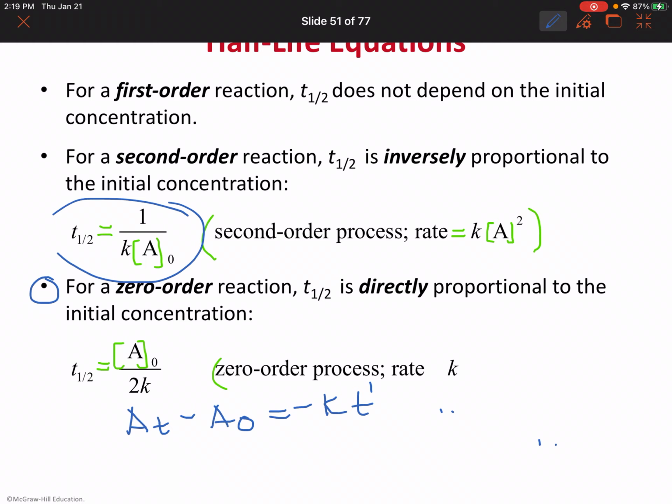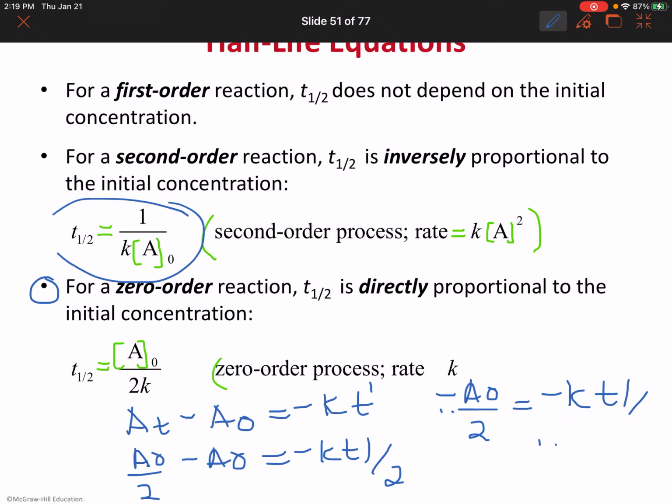And A t we can write as half of the initial concentration, so half of A naught minus A naught equals minus k T half. That is negative half A naught equals negative k T half.